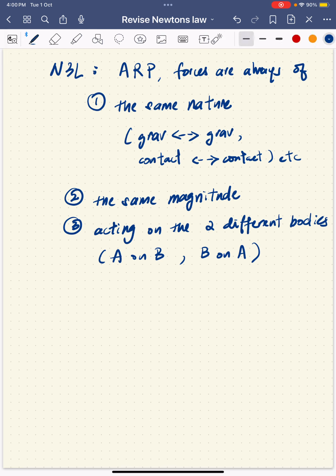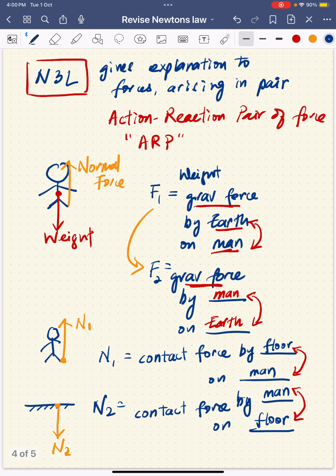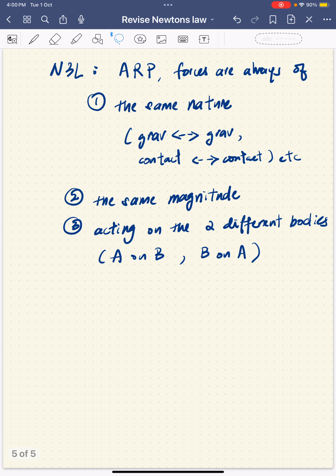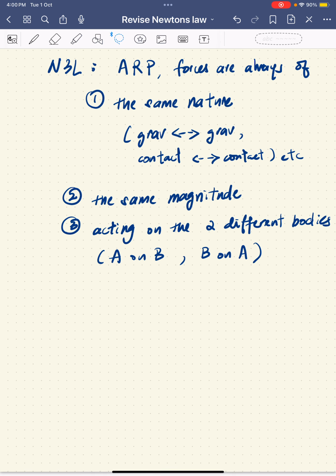Now if we go back to just now's man example, let me copy and paste.